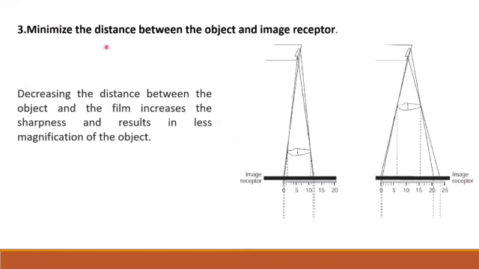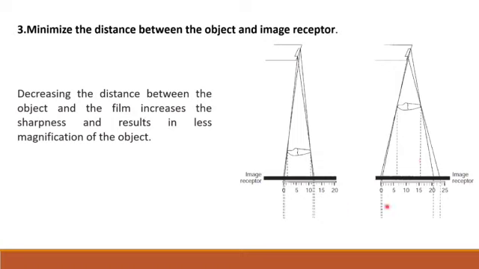Next, minimize the distance between the object and the receptor, image receptor. So decreasing the distance between the object and the film increases the sharpness and results in less magnification of the object. So here in this picture, the distance from the object, that is the teeth, to the film is less, whereas in this picture the distance from the object to the film is quite lengthier.